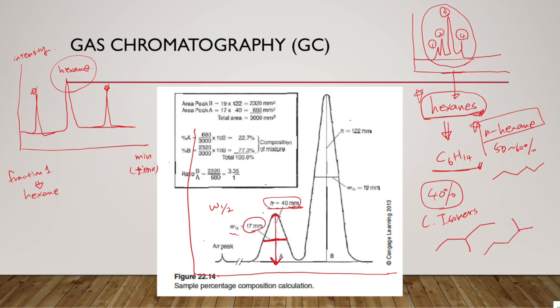And then you're just going to multiply these two numbers to get the area of the first peak.